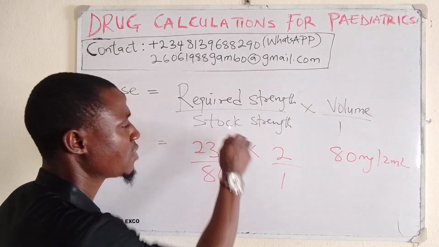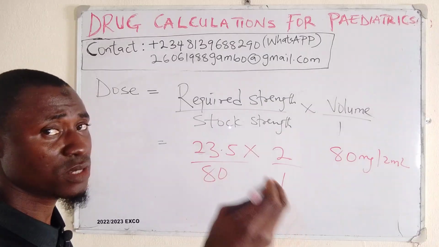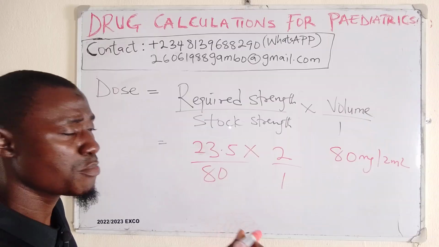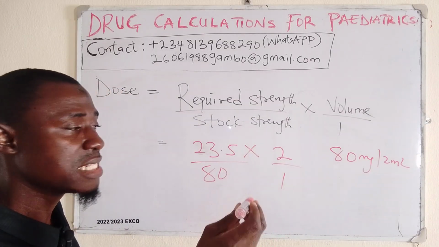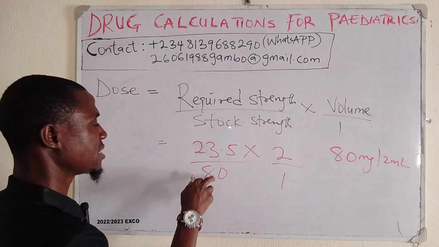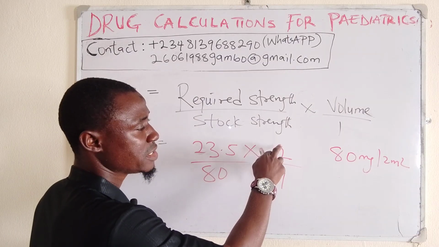That is the stock strength. The stock strength will always be on the ampoule. If it's a vial, you always find it on the vial. Since gentamicin comes in an ampoule, you always see the stock strength written on it, and also the volume. So our stock strength is 80 milligram and our volume is 2.